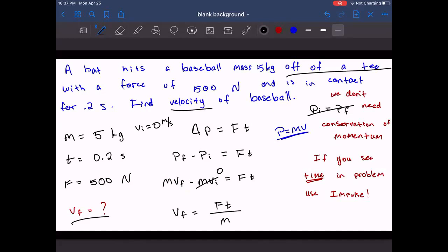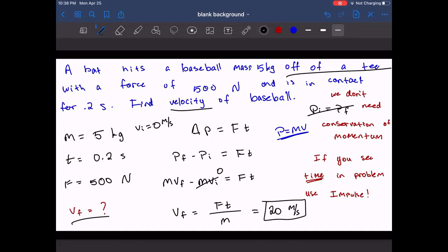So 20, I think. Okay, that makes more sense now.